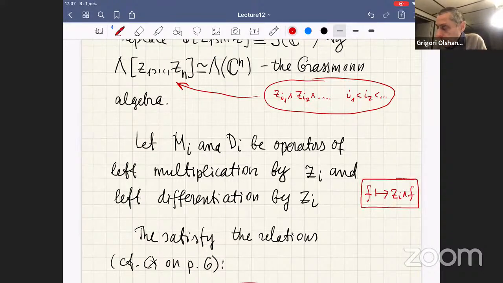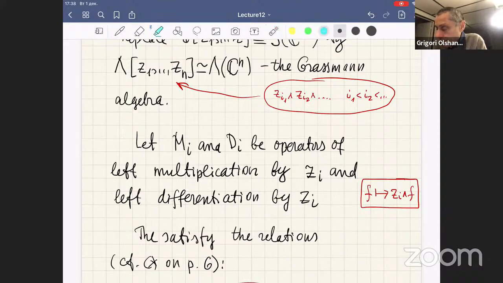And to define the D operator, what is the D operator? We assume for simplicity that F is some monomial. And we look if our letter enters this monomial.